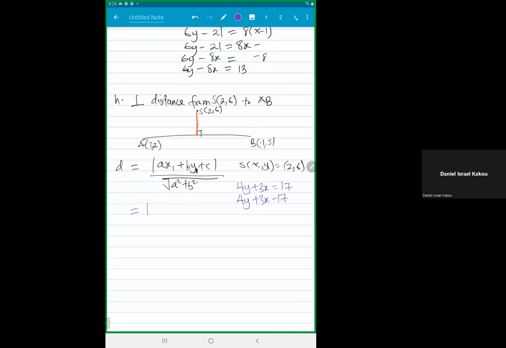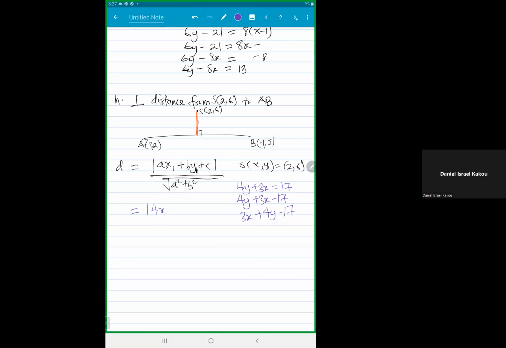So I have the absolute of, let me start it how it was in the formula. So I would write 3x first, or 4y, before the 17. So I am basically substituting the A, B, and C before I come and substitute the S so that you get to know what is happening.